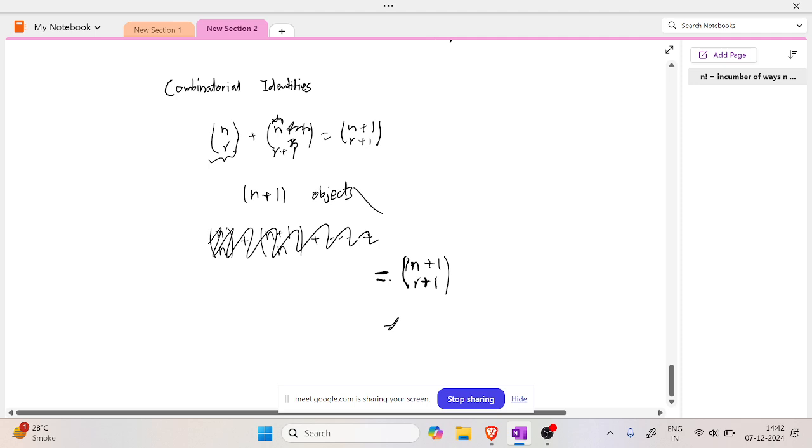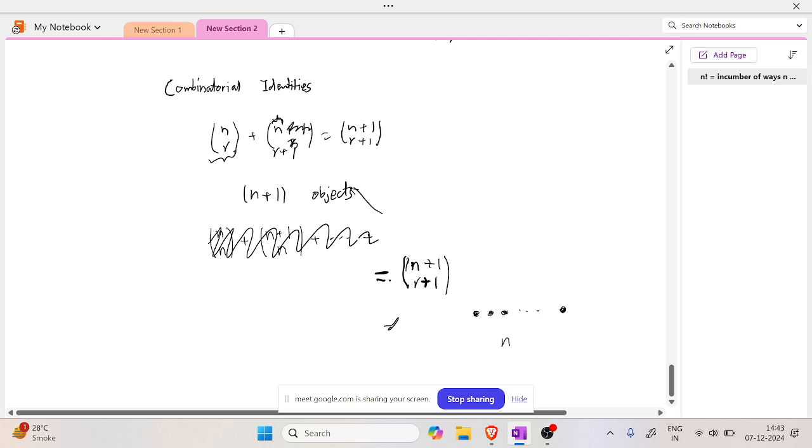Here you took cases only on whether it was the last element or not, but you can think about choosing some more cases. For example, you can think about choosing the minimum element. Let's draw the n plus 1 objects in a line, represented by dots.